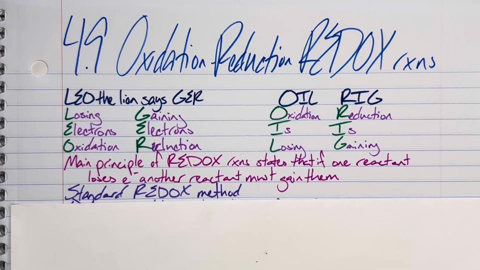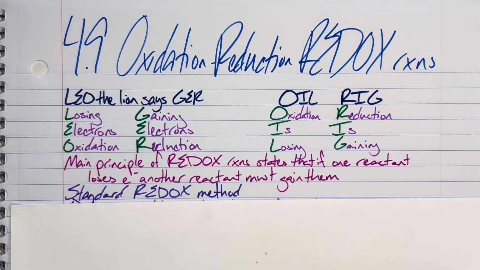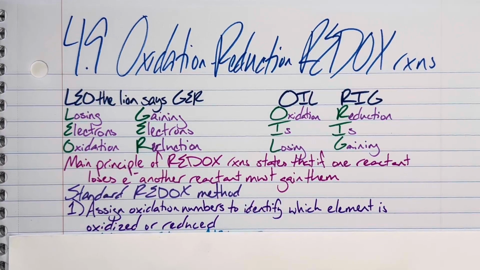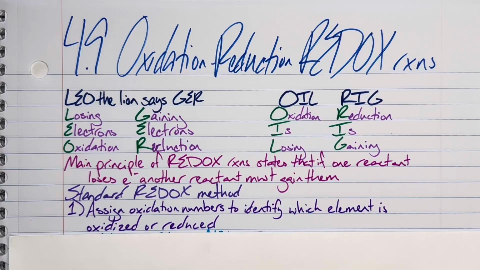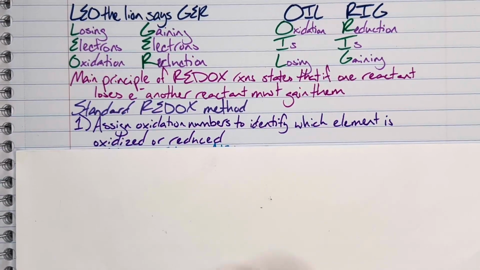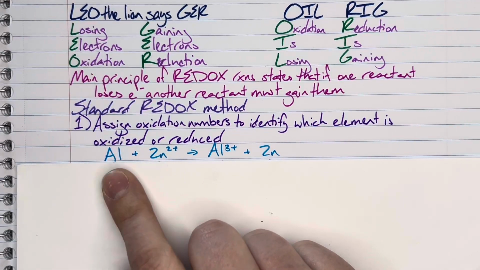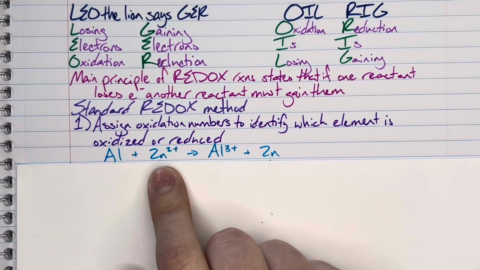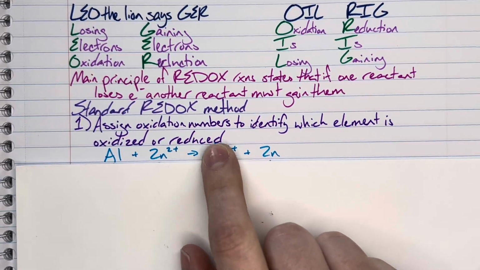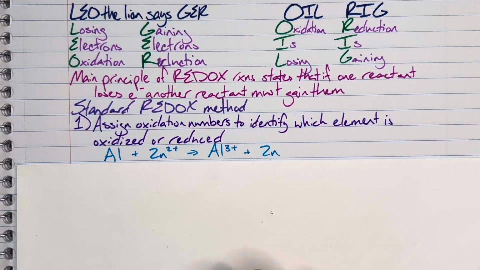And so we have a standard redox method for balancing out where those electrons are going. First, you need to go ahead and assign oxidation numbers to identify which element is either oxidized or reduced. So for this example here, I have solid aluminum reacting with an aqueous zinc compound, producing an aqueous aluminum compound and a solid zinc.